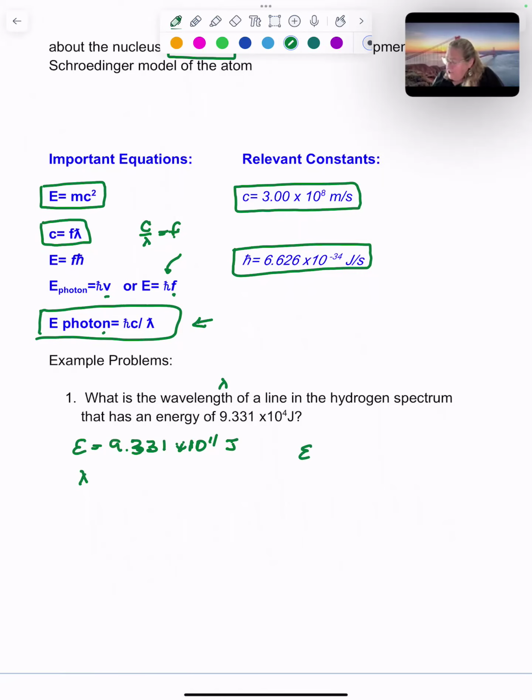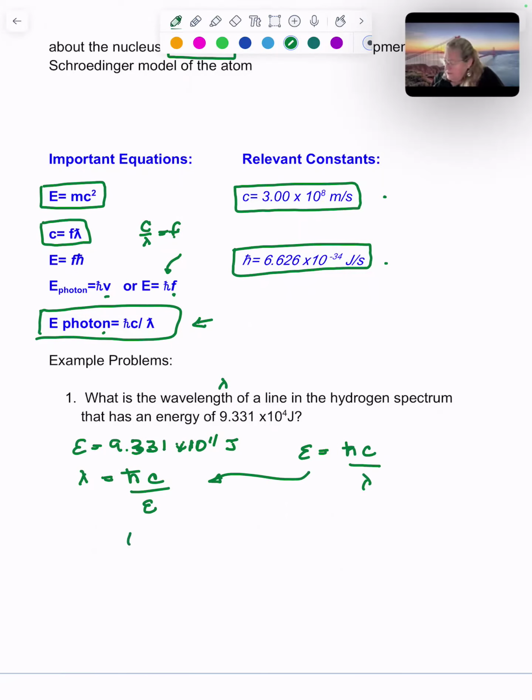If energy equals Planck's constant times speed of light, both of those are constants from up here, divided by the wavelength, I can say that wavelength is equal to Planck's constant times speed of light, divided by energy. I've just rearranged that equation and come up with a new form.